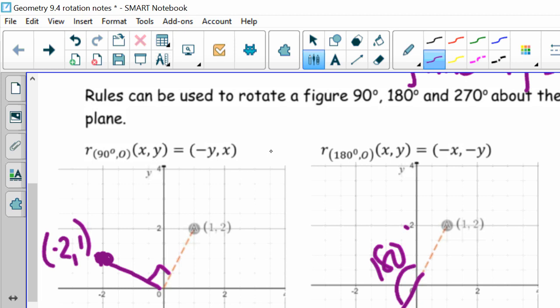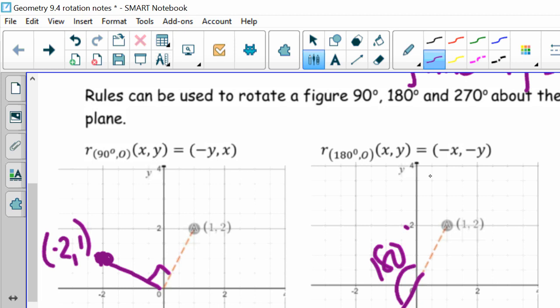A rotation of 270 degrees about the origin, x comma y, becomes y comma negative x. So this would become 2, negative 1, the point right here. And this would be my 270-degree rotation.